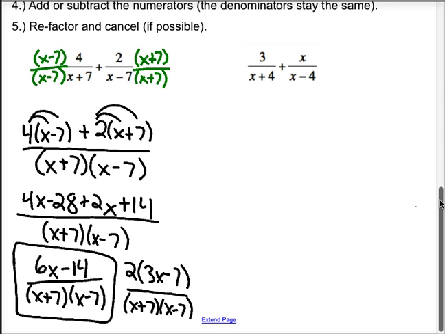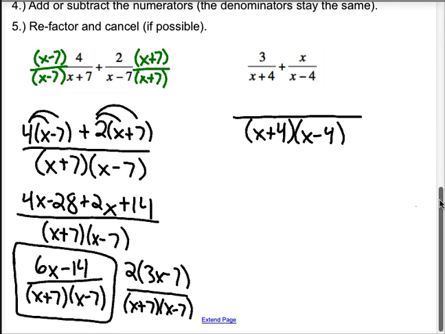All right, so that's kind of the basics of this. So let's take a look at another example. That's 3 over x plus 4 plus x over x minus 4. So again, the goal here is we need that common denominator. Well, here our common denominator, if we need every piece represented, we're going to need the x plus 4 and the x minus 4 together as our common denominator.